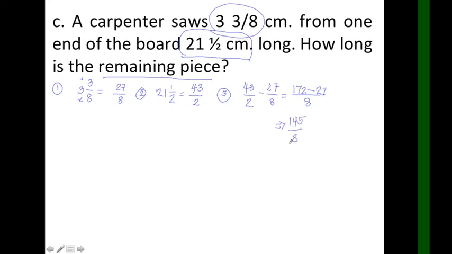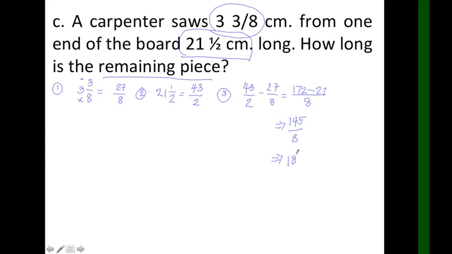So, we need to get the mixed number. Ilang 8 meron sa 145? So, we need to get the quotient, no? I'm thinking about 18. 18 na 8. Na kapag minultiply ko ang 18 at ang 8, ang makukuha ko is 144.